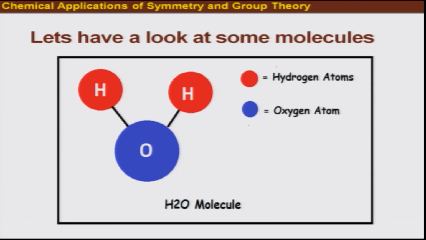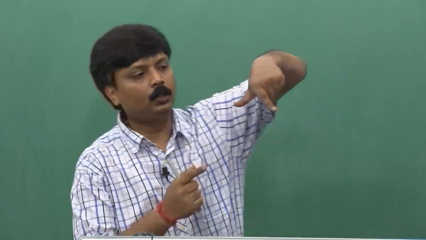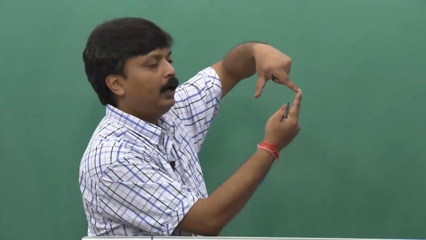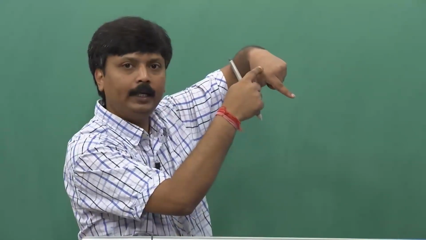Suppose I can mark these hydrogen atoms somehow. So I mark this hydrogen as 1 and this hydrogen as 2. Okay? So this water molecule is like this, correct? One hydrogen here, another hydrogen here, and the oxygen is sitting here.